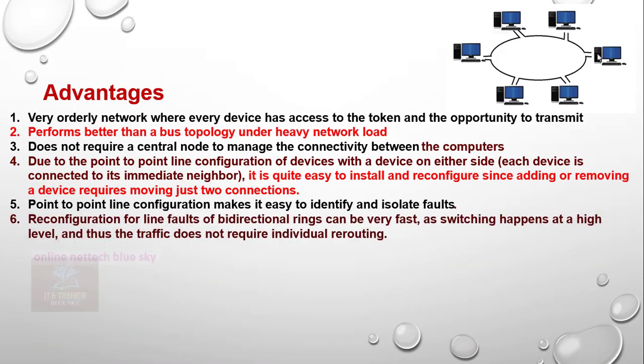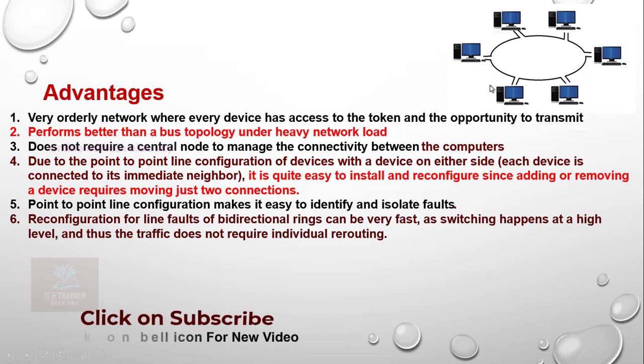Okay, 6: reconfiguring for a line fault in a bidirectional ring can be very easy. Reconfiguration means you configure again for line faults. This is a line fault. Okay, and a bidirectional ring can be very fast.